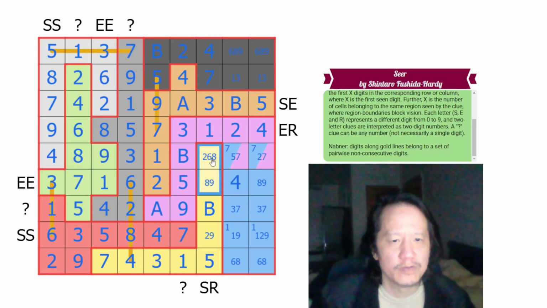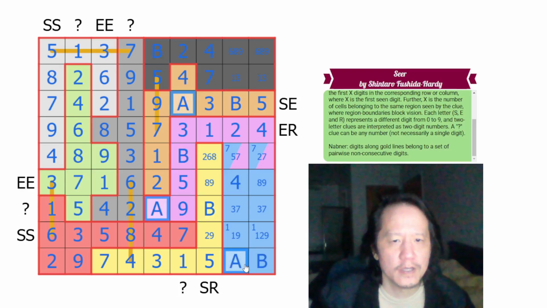A has to be one of these two. We're not sure which. This can't be B, so this must be A, which makes that a B. So A has to be one of these two. B, we have all of them.